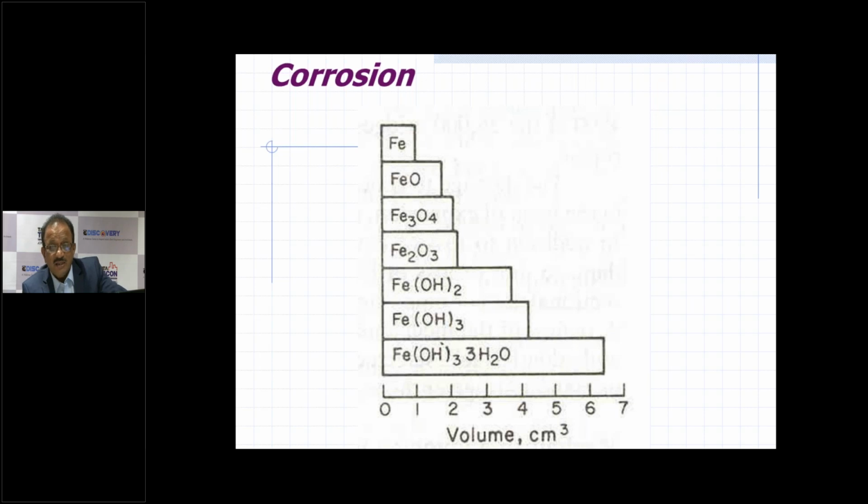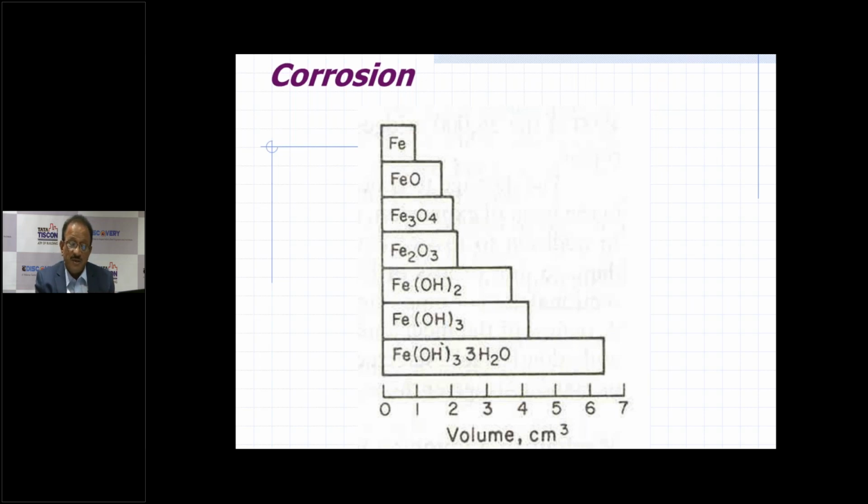So in layman's terms, I can say a 10 mm bar, when it is fully corroded, will occupy a volume of 65 millimeter roughly. So to that extent, the corrosion product will occupy a larger volume. Imagine what will happen if the steel bar inside the concrete section starts swelling inside the RCC member, what kind of internal stresses it will generate.